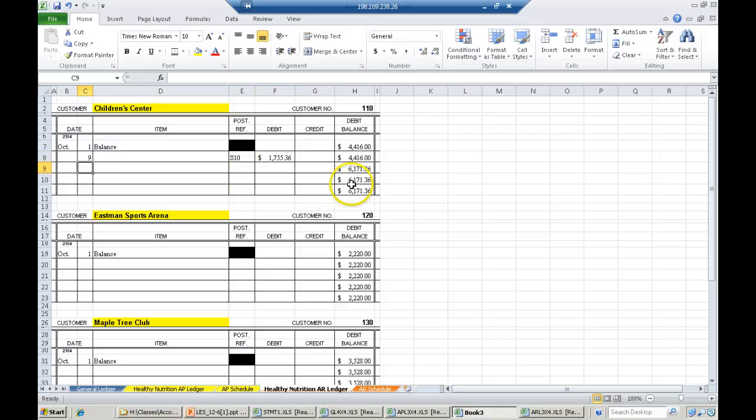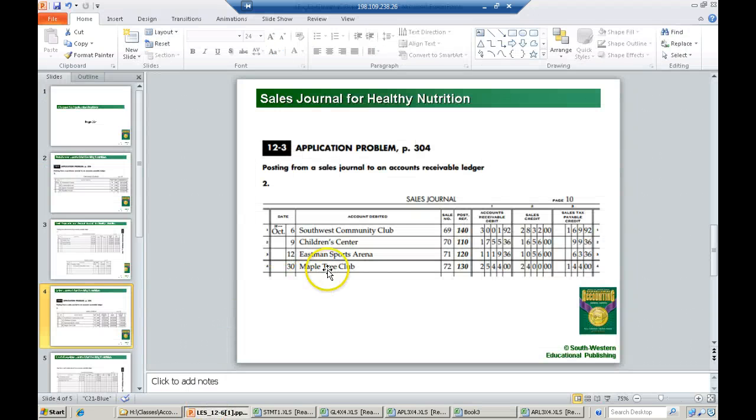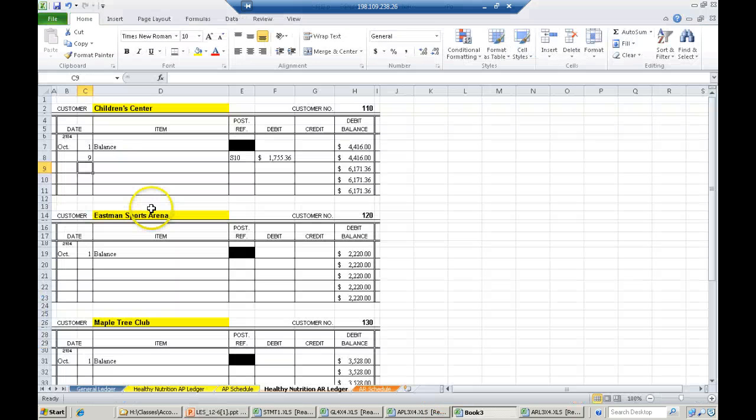It's going to adjust this automatically for us. This is what they now owe us. Eastman, $1,119.36. This is going to be on the 12th. Again, Sales Journal, page 10, for a debit amount of $1,119.36.